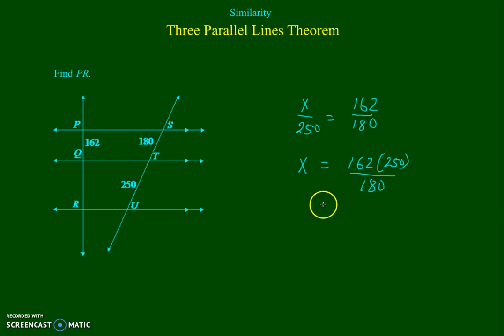Putting this into our calculator, we have 225. So this value is 225. 162 plus 225, PR equals 387. So a fairly basic example, but it gets the idea across. Let's go ahead and move on to the next theorem.